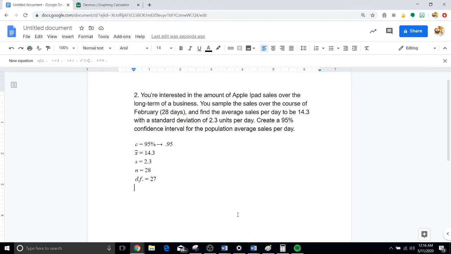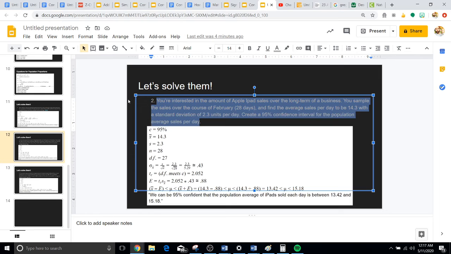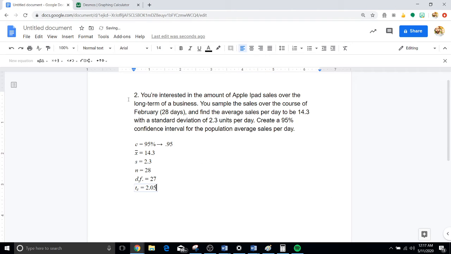Now remember, you can find your T confidence by looking in your T chart, which you should have handy, or hopefully you do. You're going to see our T confidence is going to be equal to 2.052.